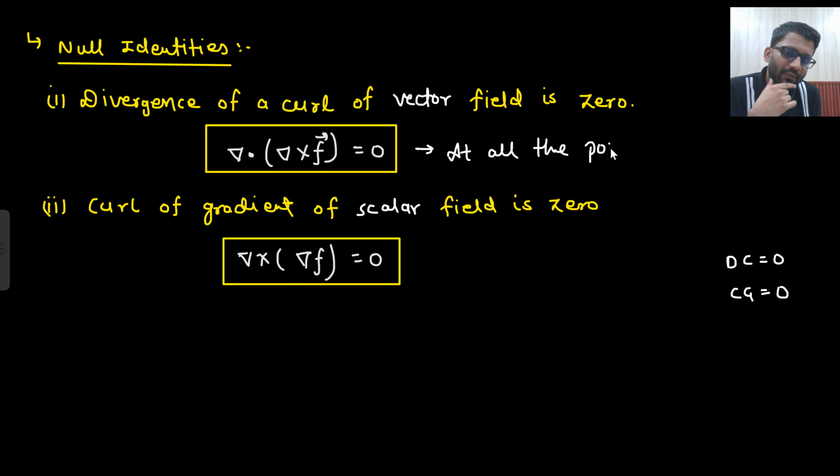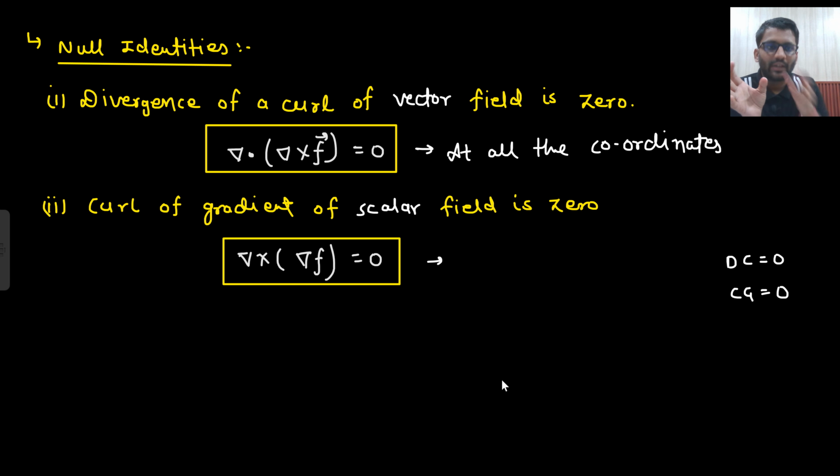So this point I forgot to tell, at all the coordinates this should be 0. Because these are identities. So identities will always work, like commutative property and associative property. Those properties will always work.